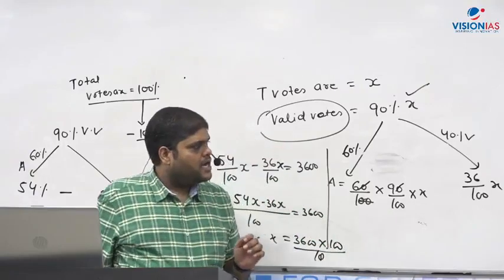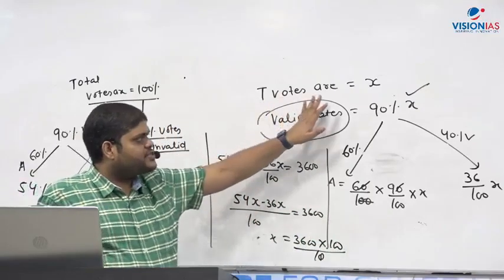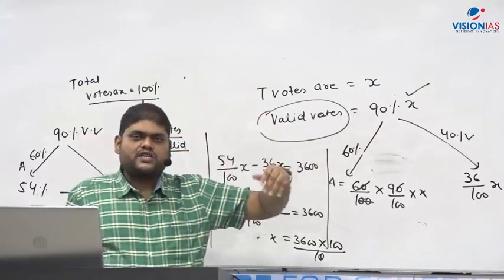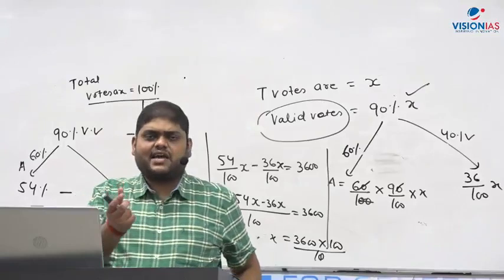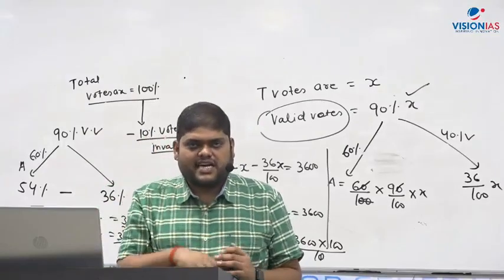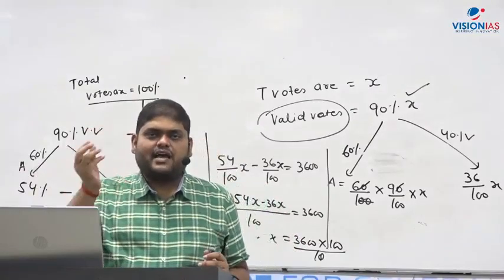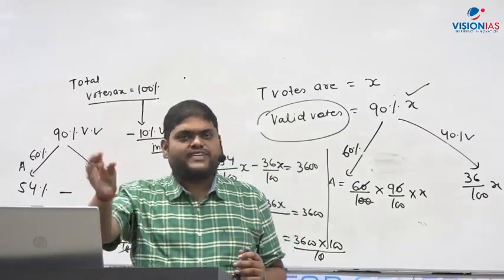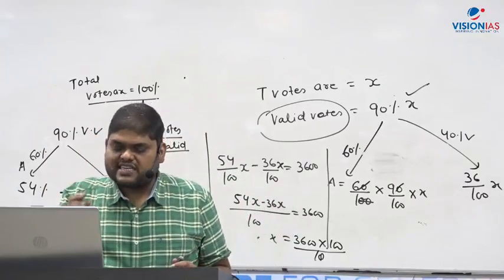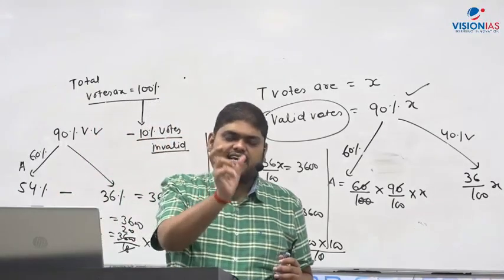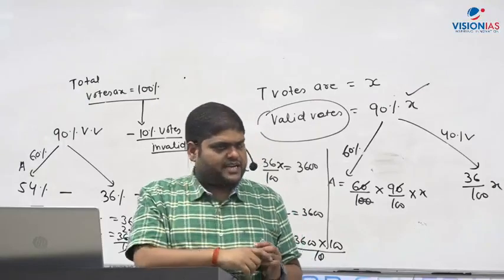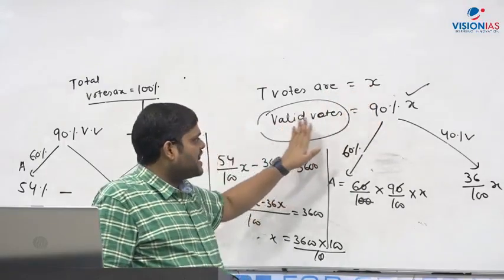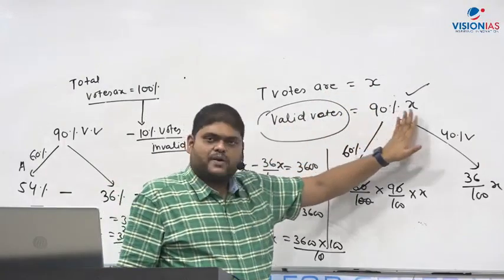The problem is total votes, let's assume as X. Since we know that 10% of the votes are invalid, the first thing that strikes your mind should be, okay, I have to remove 10%. If I remove 10% out of 100%, how much valid vote is there? Valid vote becomes 90% of X, or not?